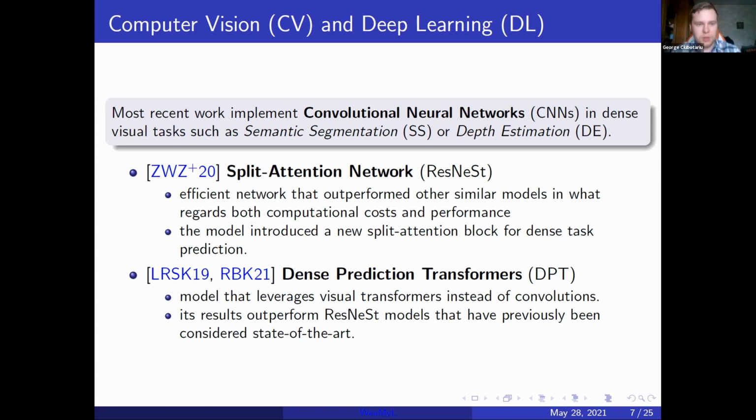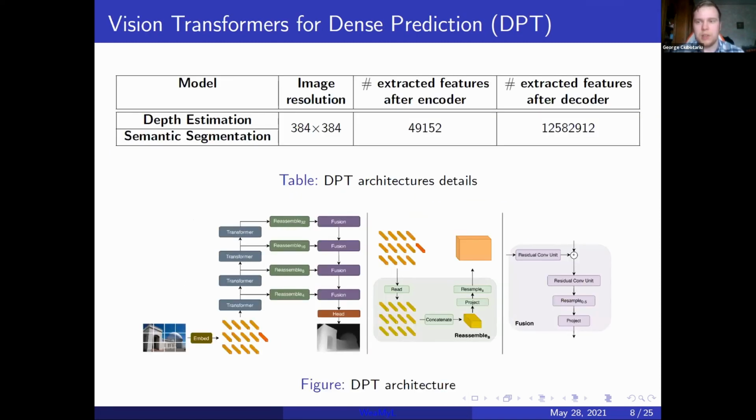Okay, so in regards to the architecture we used, we have the same architecture for both the depth estimation and semantic segmentation models. We input 384 by 384 images into the model, and the encoder of the network will output feature maps of 49,152 features.